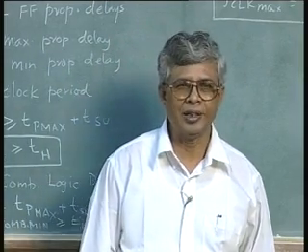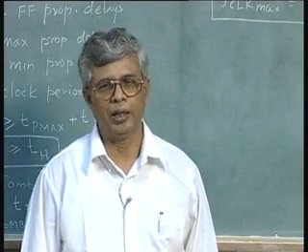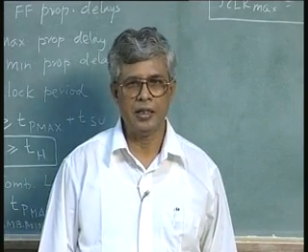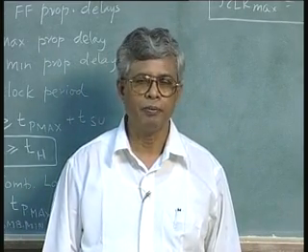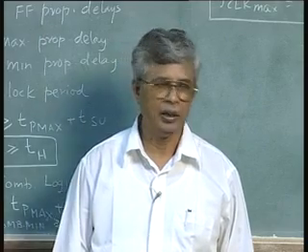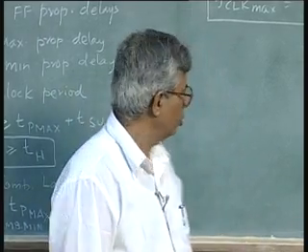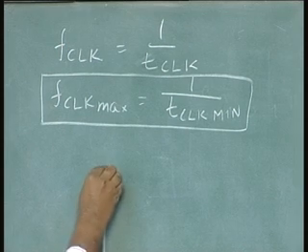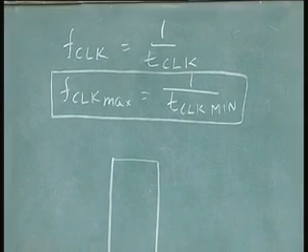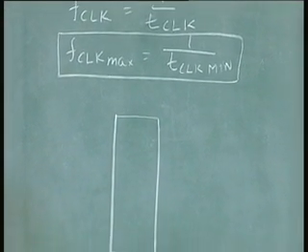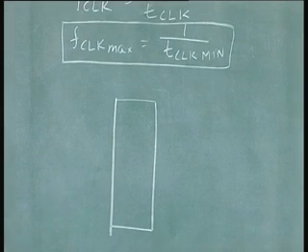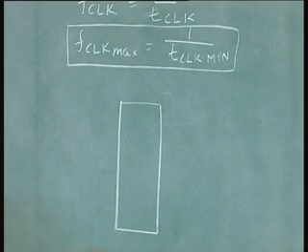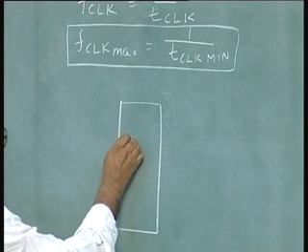Any circuit which sequences through various clock periods, various states, where states change with the clock period, such circuits are called sequential circuits. So, we have the typical representation of a sequential circuit as a block which is really the combinational block, because this is actually a combinational logic.